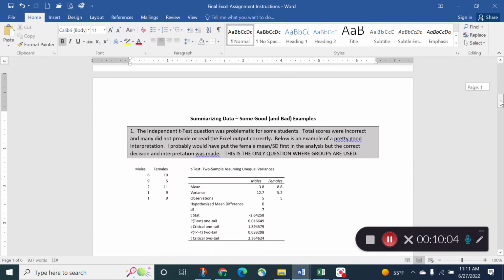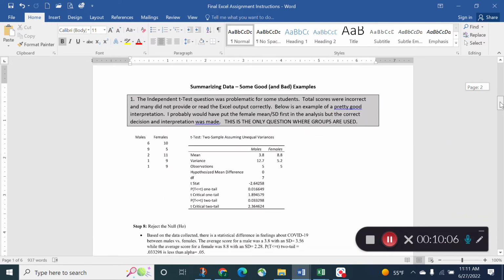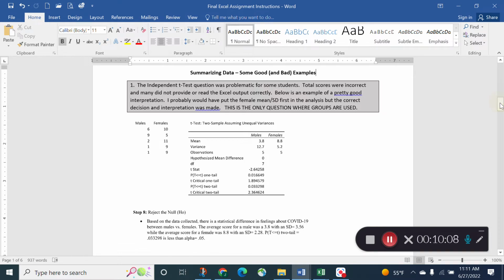So the rest of this document talks a little bit about some good and bad examples of what other students have done that I've kind of brought into here to just make some comments on. So this first one dealt with just reading the independent t-test output. Here they did a pretty good job.